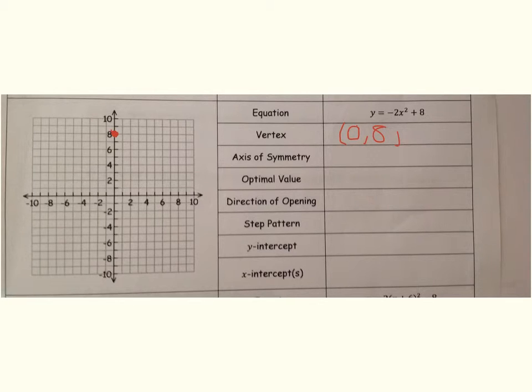Now, personally, I'm going to recognize that my A value is -2. So I know that my direction of the opening is down because of the negative. And that means it's going to be a max value, so my optimum value is going to be at y equals 8.